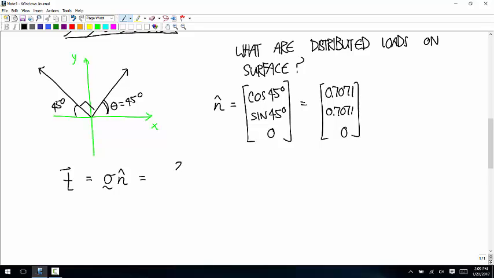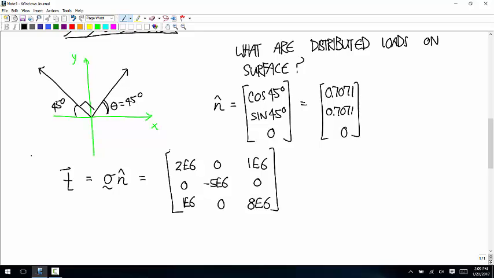So that's 2 times 10^6, 0, 1 times 10^6; 0, negative 5 times 10^6, 0; 1 times 10^6, 0, positive 8 times 10^6. And we're multiplying that by the outward facing normal.